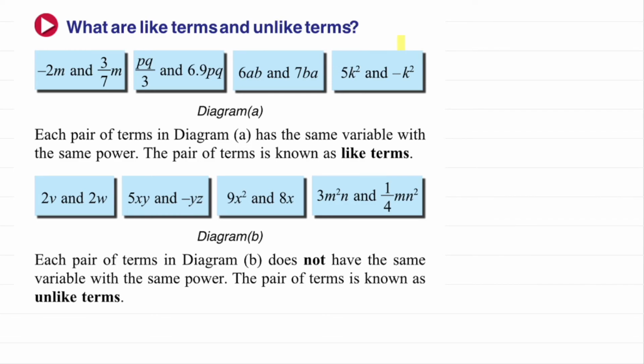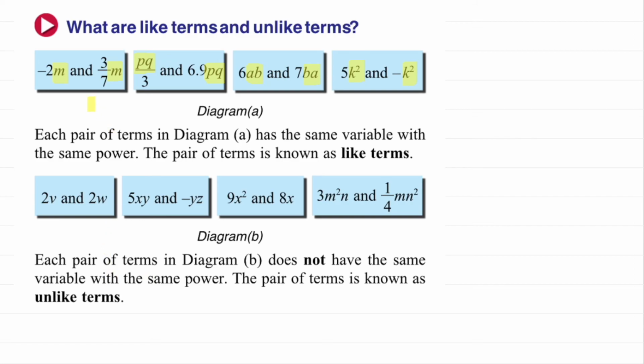Kalau kamu tengok, dia mengandungi variable yang sama. Kamu tengok sini. M sini. Ini pun M. Ini PQ, ini PQ. Ini AB, ini BA. Kita tahu AB dengan BA sama kan? Ini K square, ini pun K square. So, kalau kamu jumpa variable yang sama, kita boleh katakan diorang itu adalah like term.